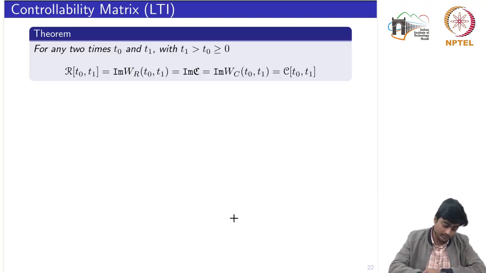The result is given here: for any two times t0 and t1 with t1 greater than t0 greater than or equal to 0, the reachable space is equal to the image of the reachability gradient, which is equal to the image of the controllability matrix, equal to the image of the controllability gradient, equal to the controllable subspace. This is a very important result.